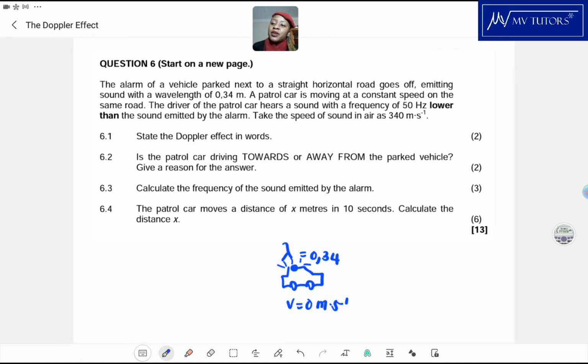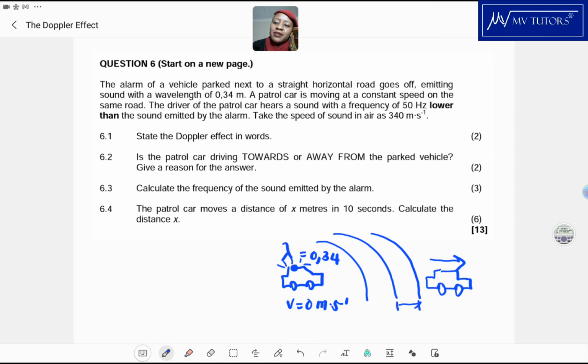So it could be a patrol car going that way. It's moving away, and therefore the waves are bigger. We have bigger wavelengths because it's moving away, so we're expecting less sound to be heard. They did say that if the frequency this side is X, the frequency heard by the patrol car will be X minus 50. Take the speed of sound in air as 340 meters per second.